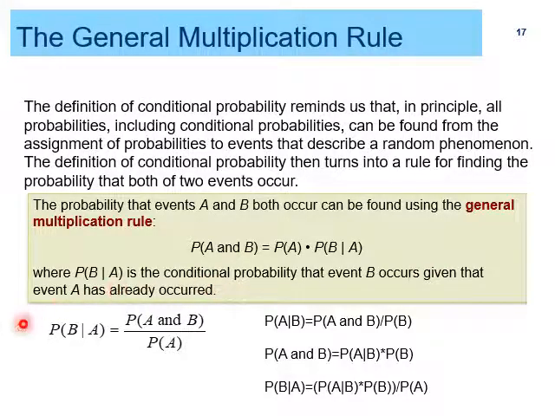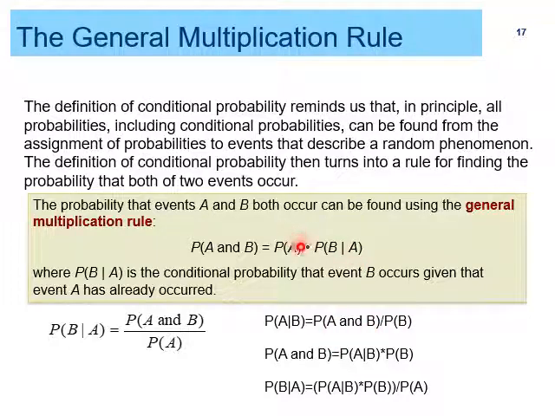Earlier we got the conditional probability formula P(B given A) is equal to P(A intersection B) divided by P(A). Similarly, we can write P(A given B), where B has already occurred, as P(A intersection B) divided by P(B).